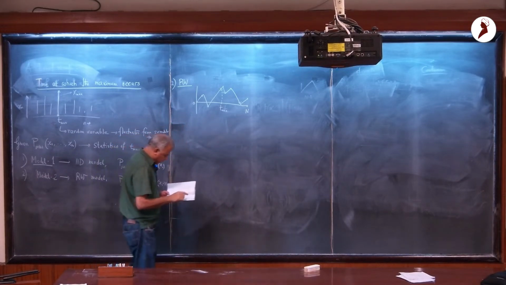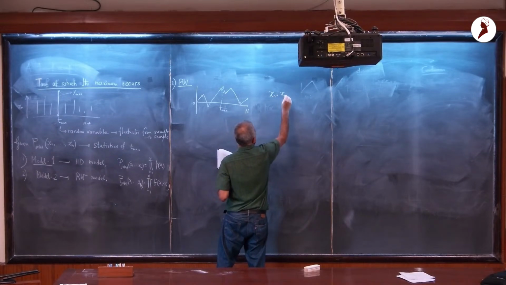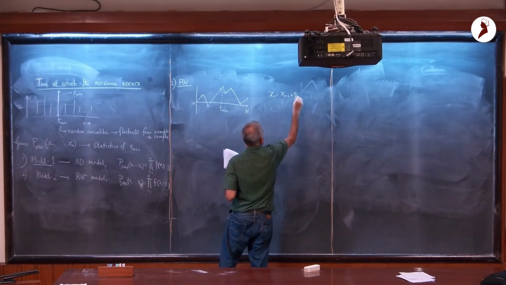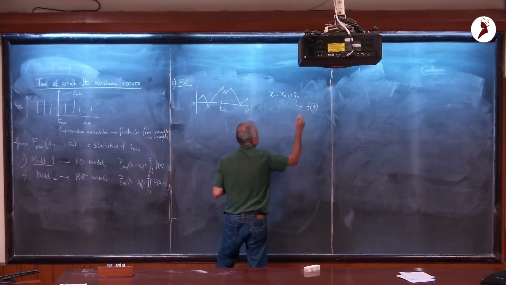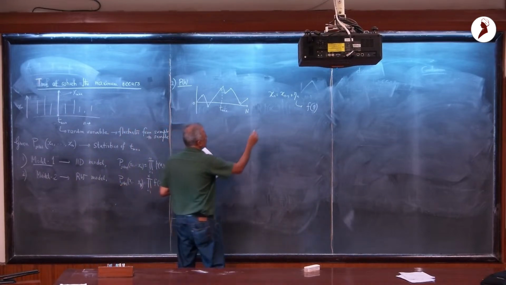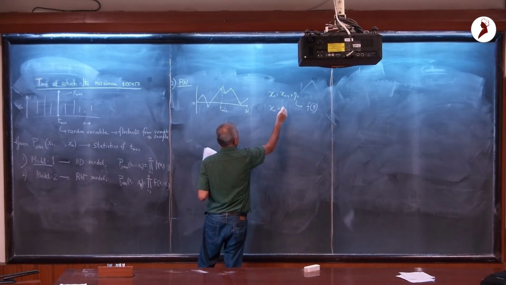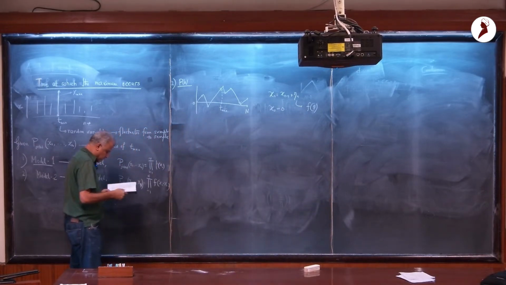How do I calculate that? We have x_n equal to x_{n-1} plus eta_n, where the eta_n's are drawn from some symmetric and continuous distribution f of eta, and I start from the origin. So that's my problem: I want to know the statistics of Tmax.